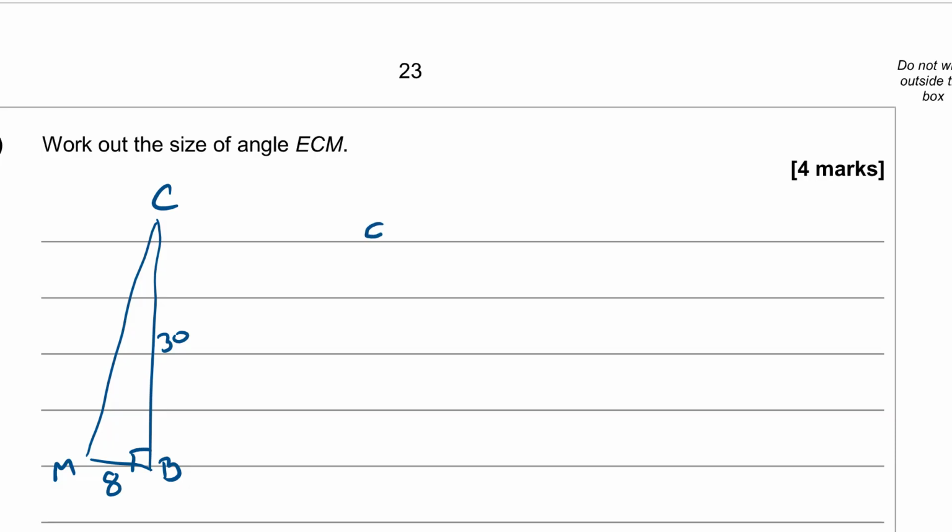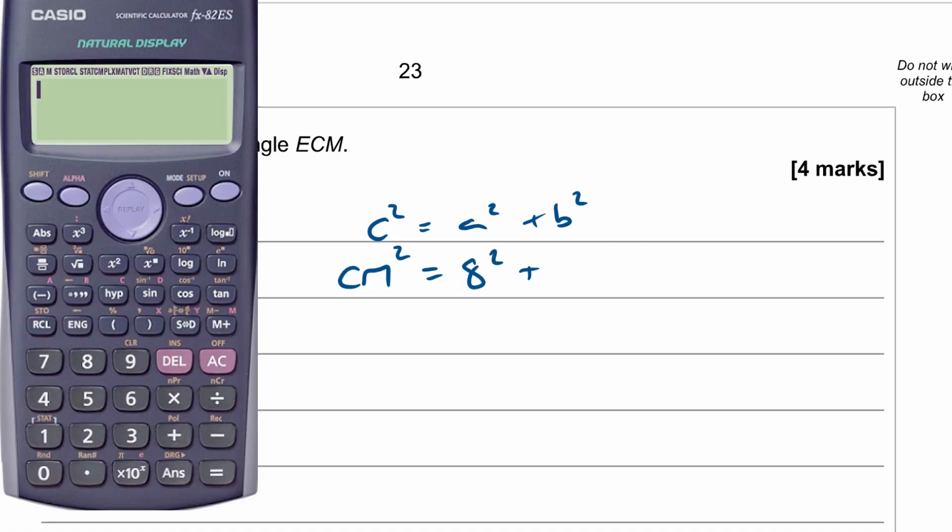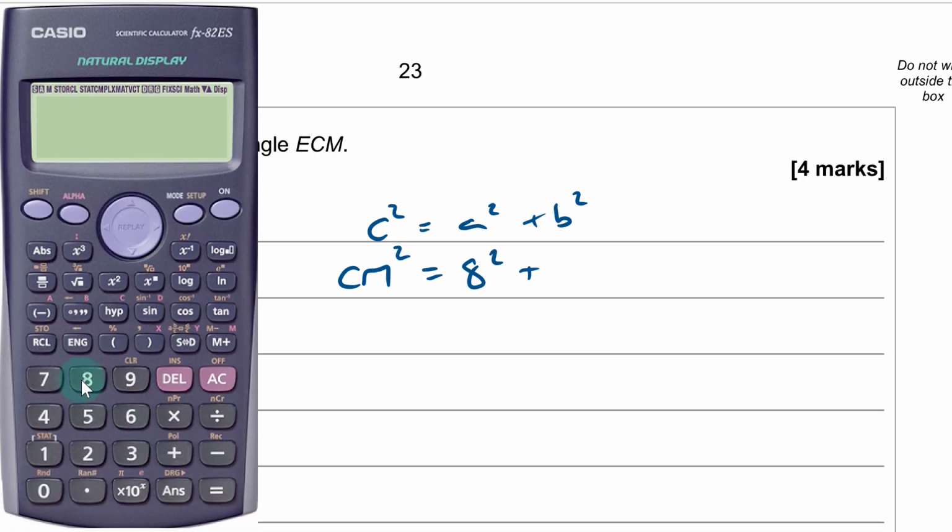So using c squared equals a squared plus b squared, then CM squared is equal to 8 squared plus 30 squared.